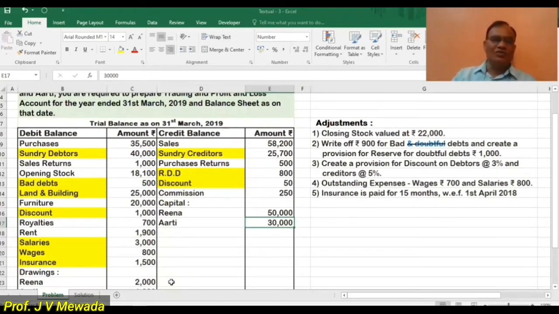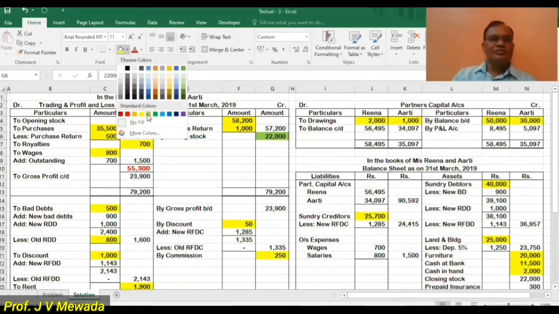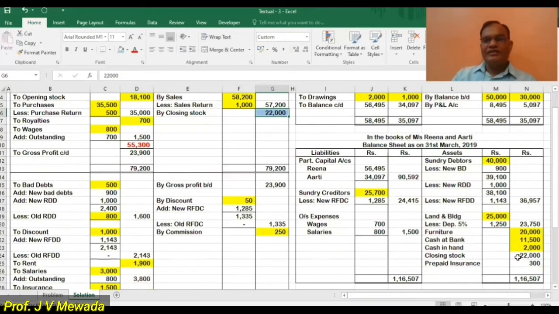Closing stock 22,000. So now we have closing stock credit side of trading account. One effect trading account credit side and second effect in the balance sheet on the asset side.